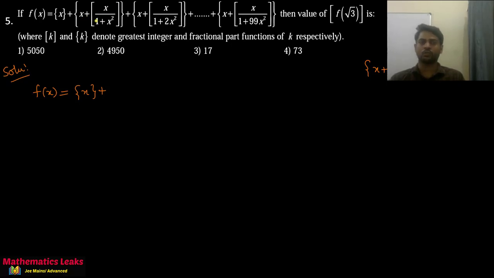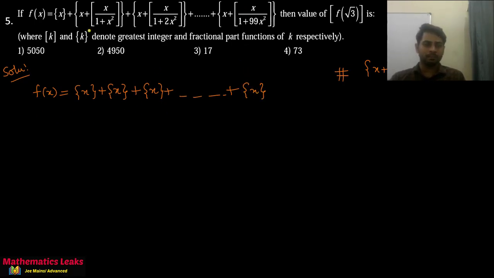The greatest integer of this quantity will obviously be an integer, so according to this property the fractional part will be fractional part of x only. Similarly, this quantity is again an integer, so x plus some integral value, the fractional part will be fractional part of x only. In the same manner, proceeding to the last one, it is also an integral value and this is x, so x plus some integer, the fractional part will be x only.